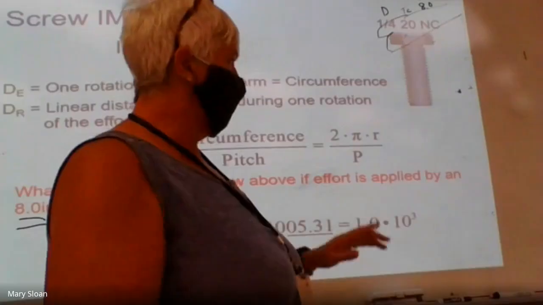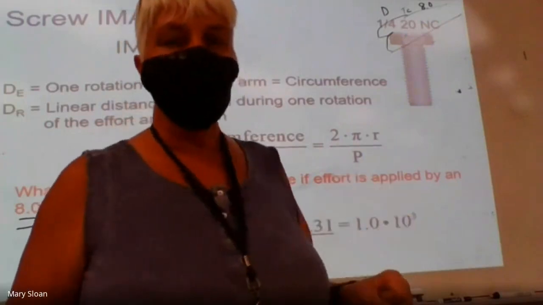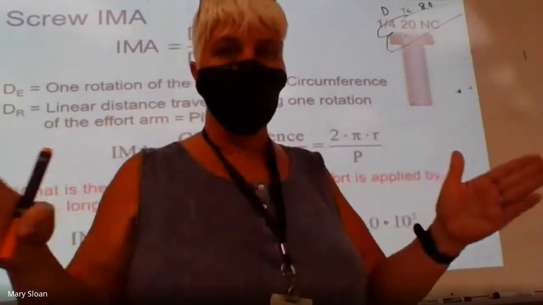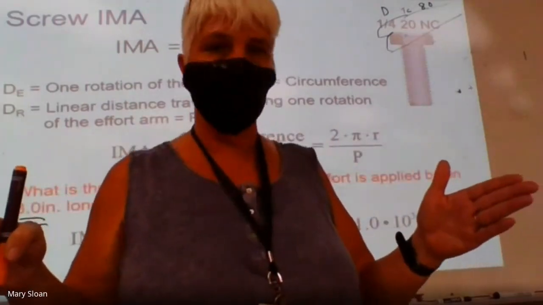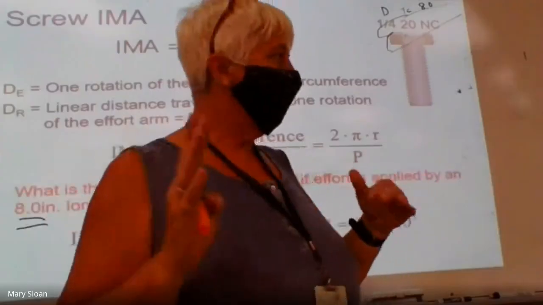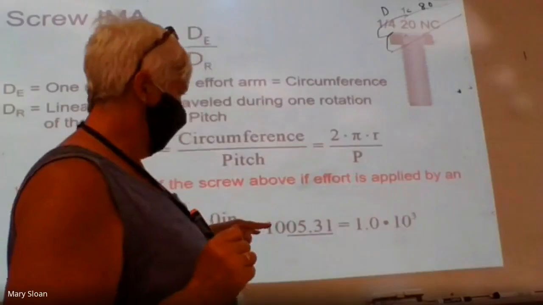We're writing 1.0 times 10 to the third power. Why won't we write 1.00531 times 10 to the third power? Because of rounding. Now, I'm going to tell you, if you write it out completely, it's not wrong. Okay, I was wondering because I would just think of 1 times 10 to the third power.